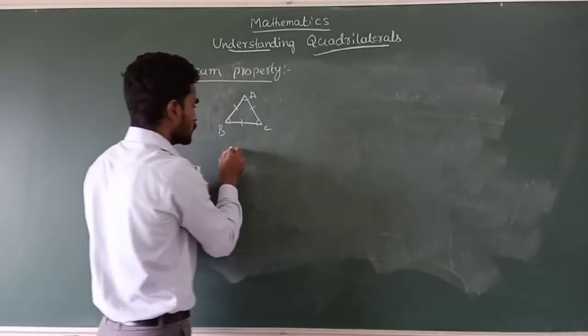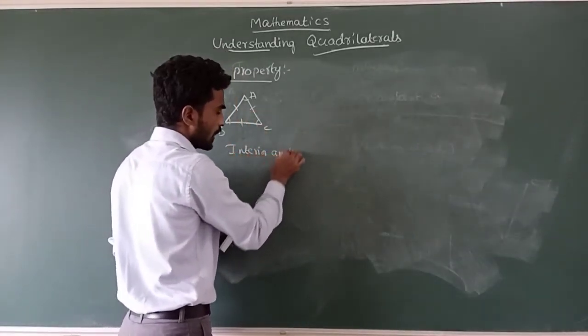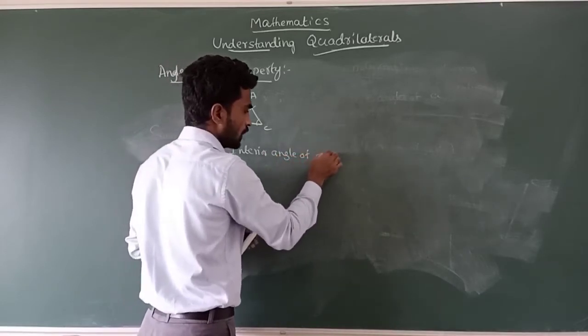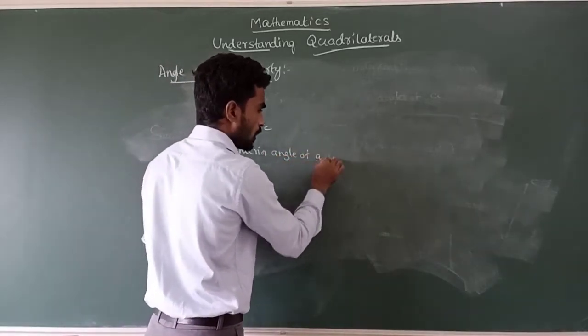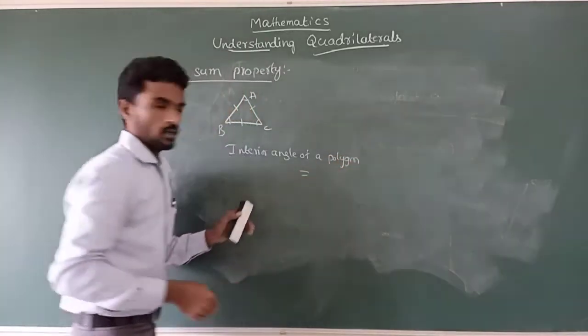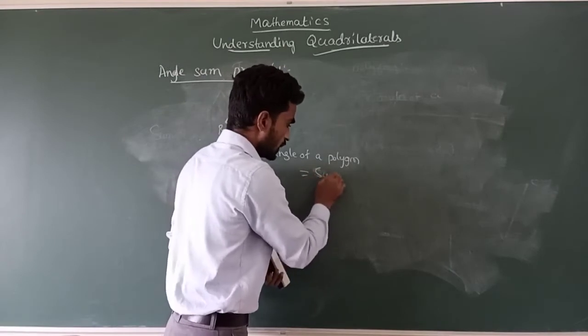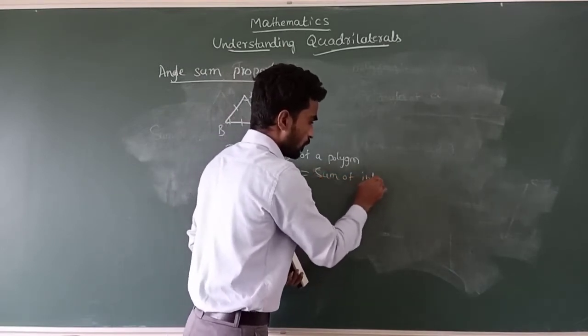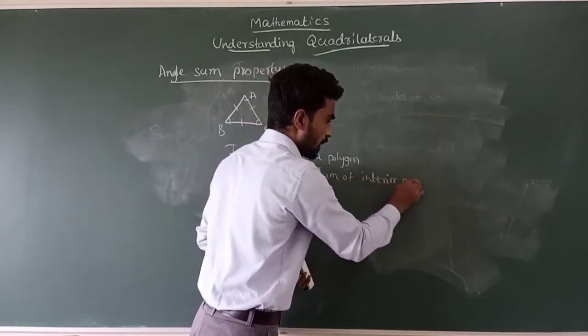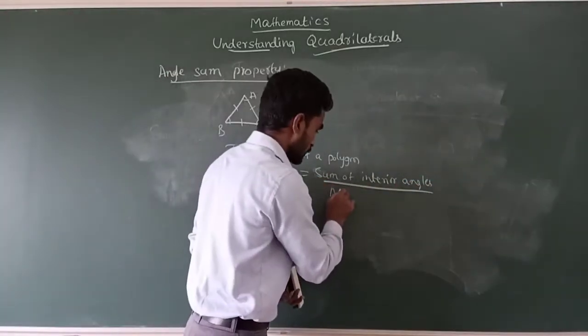We can find out the interior angle of a polygon. In general, I will write that the interior angle of a regular polygon is equal to the sum of interior angles divided by the number of sides.